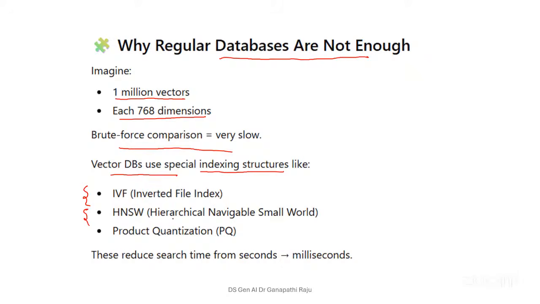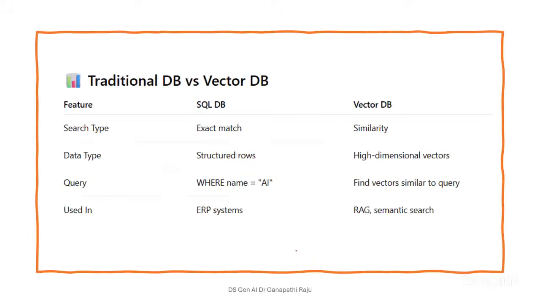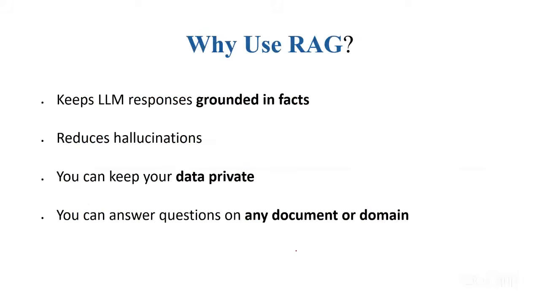Second one is Hierarchical Navigable Small World, also called HNSW. Next one is PQ, product quantization. They reduce the search time. Within seconds, you can access millions of records. I hope everyone understood that.